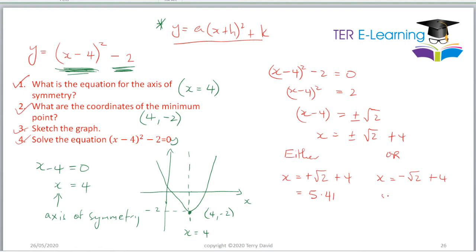And the next one, we're going to get 2.59. Just like before, when you had to solve the quadratic, we found two values of x when we had drawn it on the graph. In this particular scenario, we are using completing the square in order to solve this.